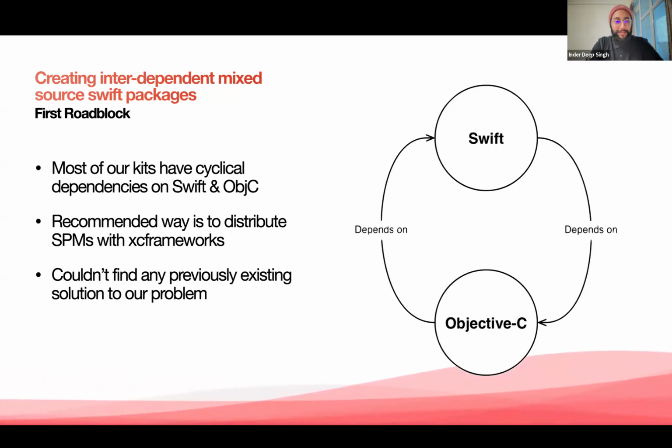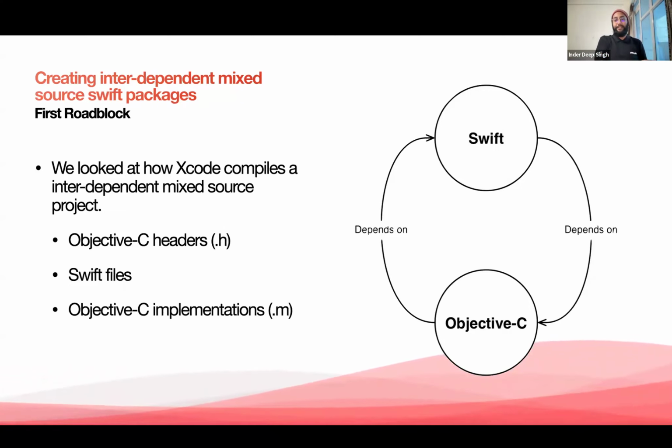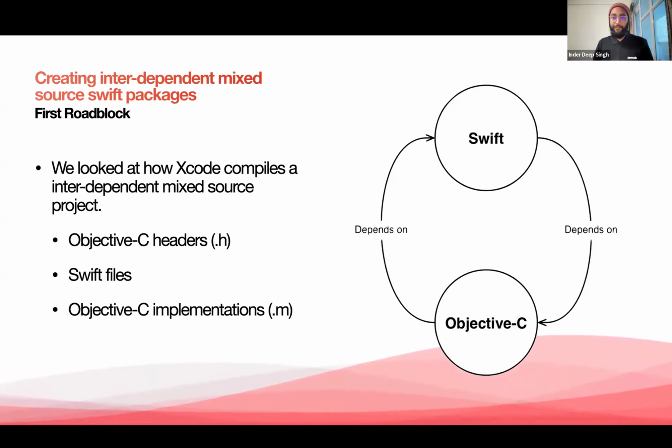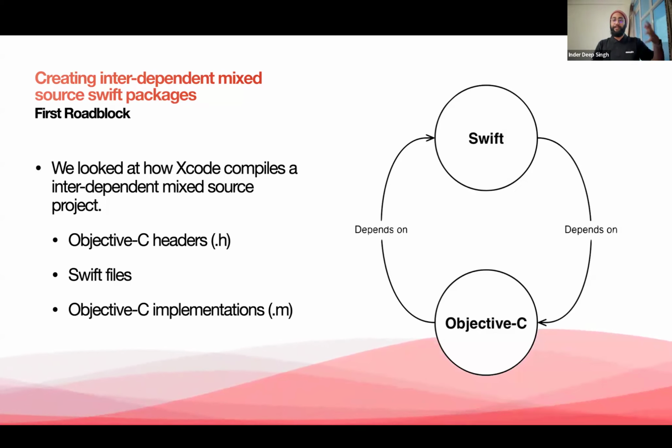But we decided to think about how things are done inside when you compile an Xcode project, right? Because in an Xcode project, you can have this cyclical dependency, and Xcode is somehow able to resolve it and figure out the order of compiling the files. So the way Xcode compiles a mixed source project is it goes to the Objective-C headers first, and especially the public headers.